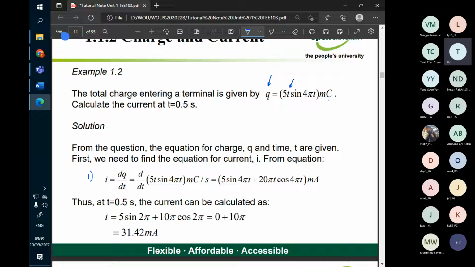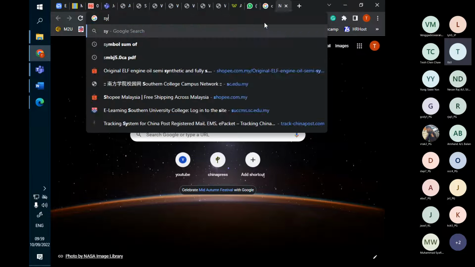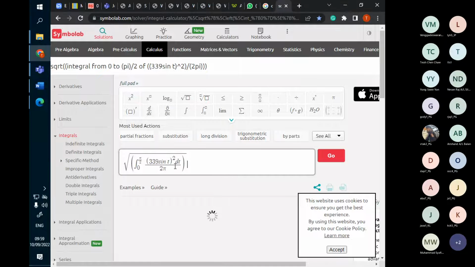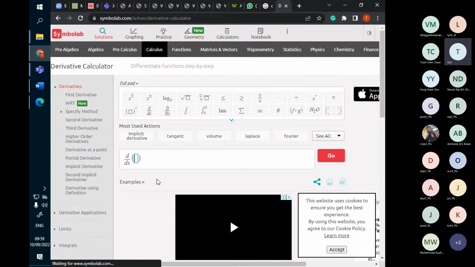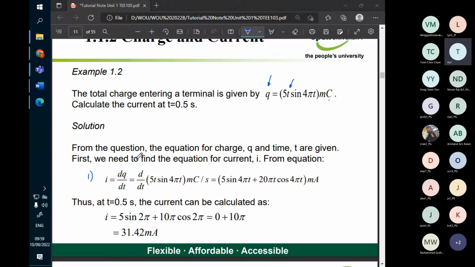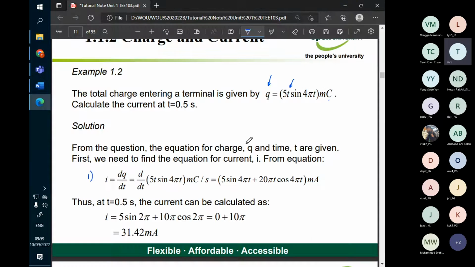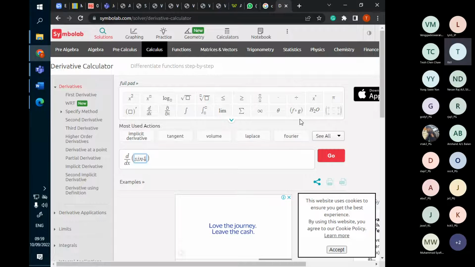We've done this in school, right? But if you're still not sure or you forgot about differentiation, there's one place that can help you out. You can come to a website like Symbolab and go to the derivative, another name for differentiation. You just type in pi t sine 4 pi t.